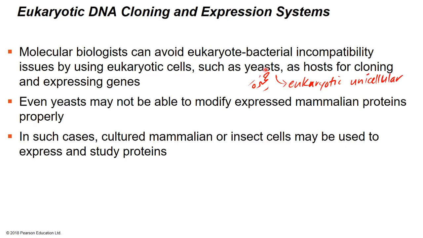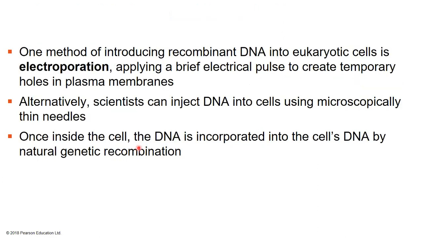So it could be used like bacteria to express eukaryotic genes that cannot be expressed inside bacteria. Okay? Sometimes mammalian cells or insect cells are also used to express eukaryotic proteins.